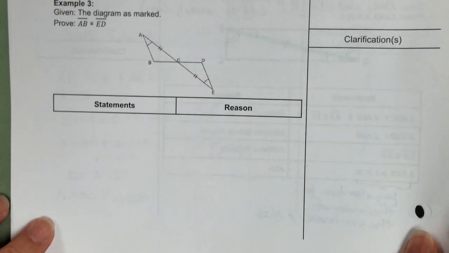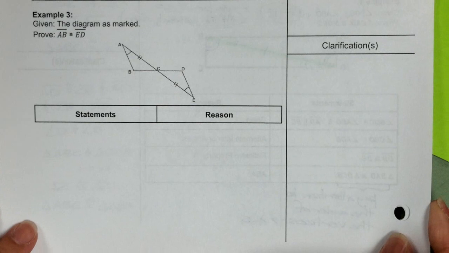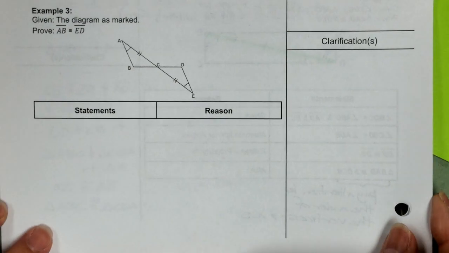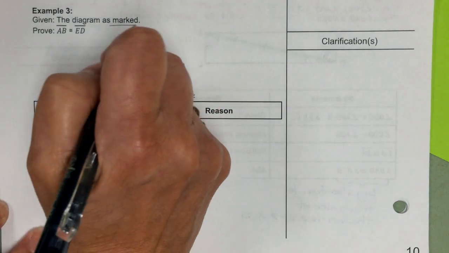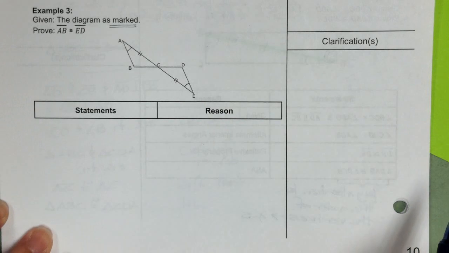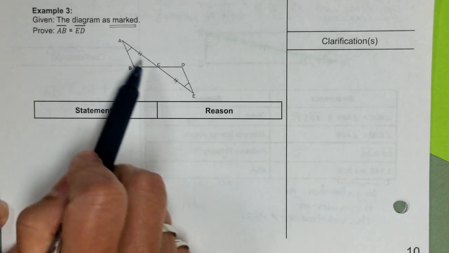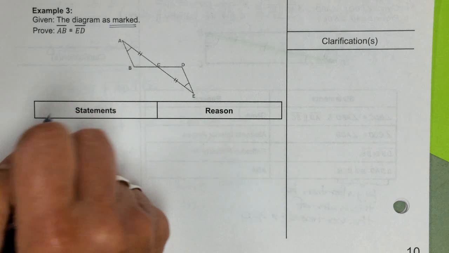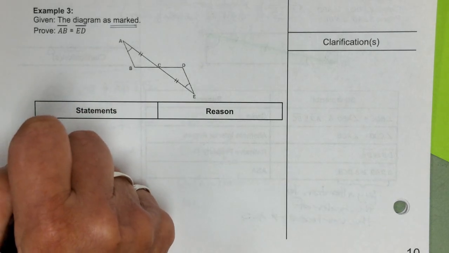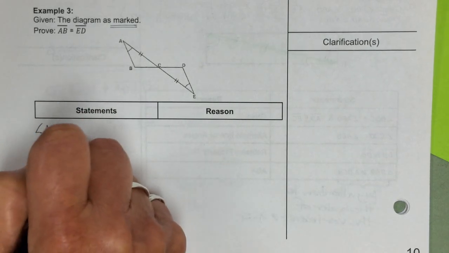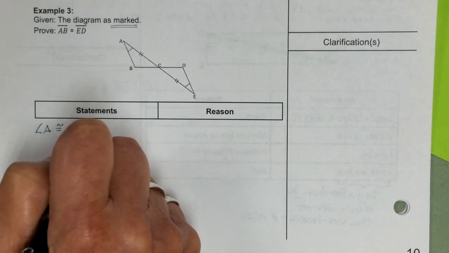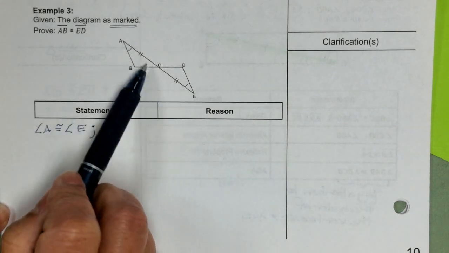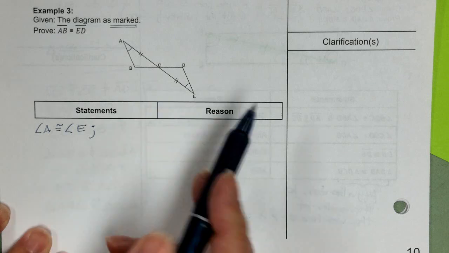Moving on to example 3, we need to look at our diagram and see what is marked. I have two angles marked the same, so that means angle A is congruent to angle E. And I have two segments that have the same tick marks.